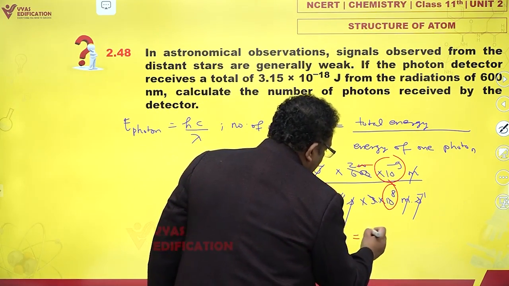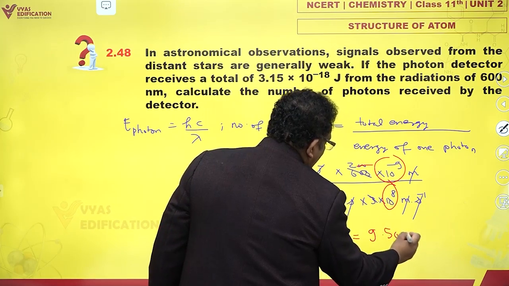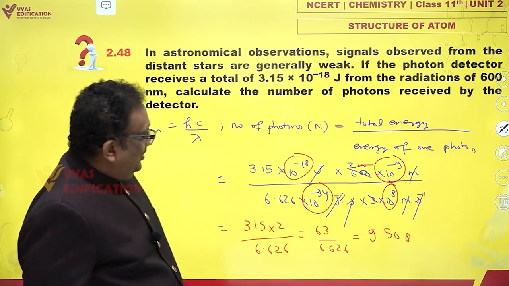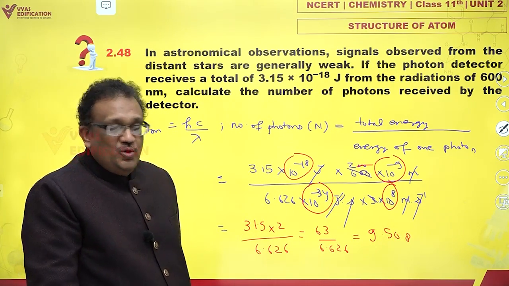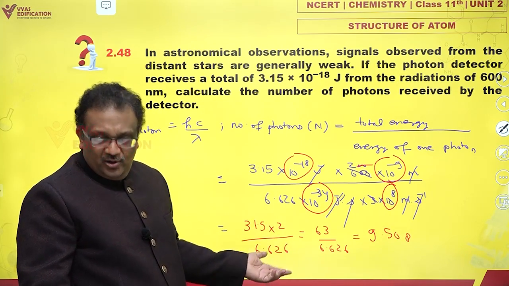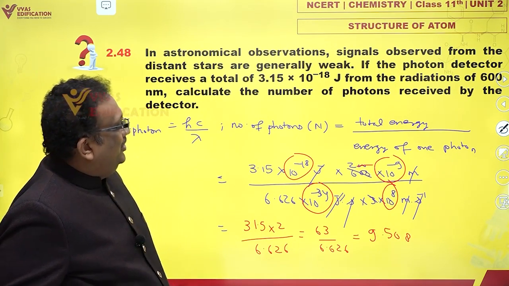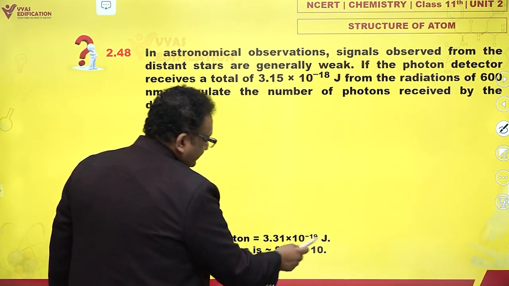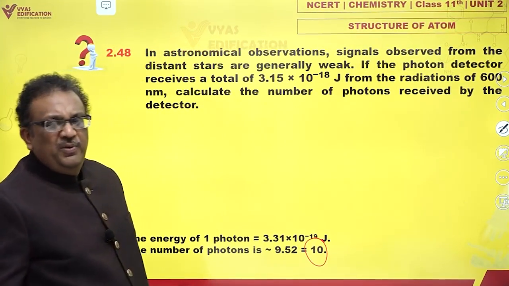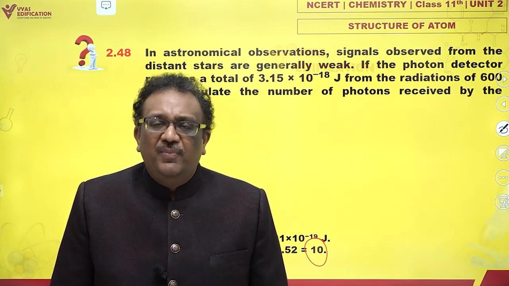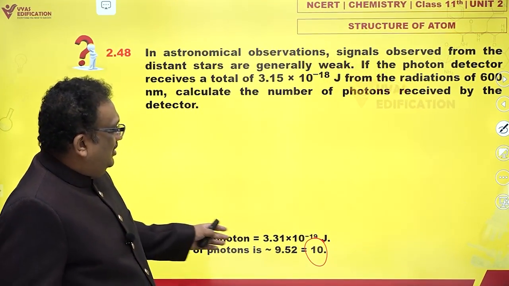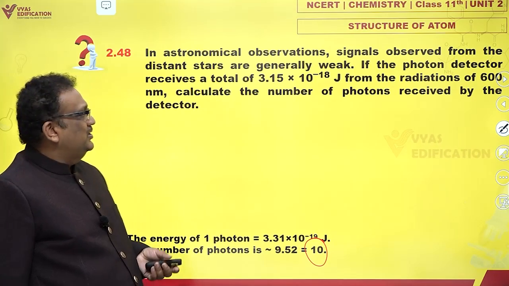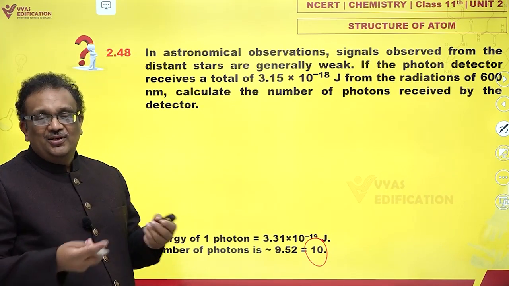Solve it and you get 9.508, which is really a ridiculous value. You can't have fractional photons, obviously. So it's either 9 or 10. If you want to err on the happier side, you could say it's around 10 photons. Why not 9? Could be 9. At such a small number, it is governed by uncertainty also, but whatever.